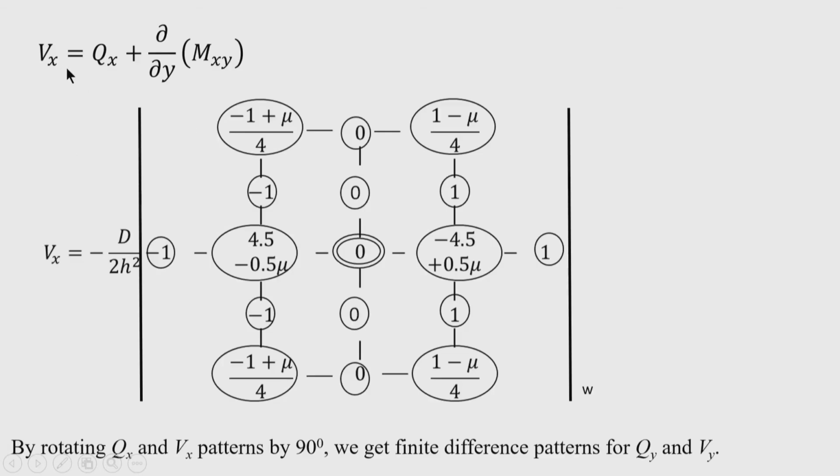So, for the effective shear force, we need to apply this condition specially at the edges, for such edges where the force boundary condition has to be imposed. For example, free edge. For a free edge we know that the shearing force is 0, twisting moment is 0 as well as bending moment is 0. Okay.